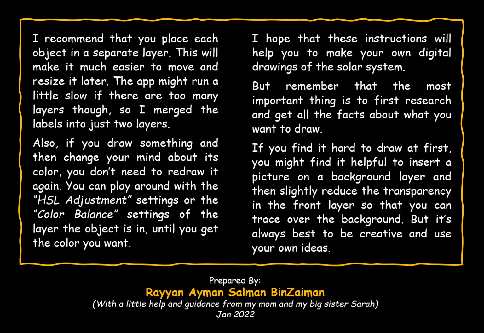Also, if you draw something and then change your mind about its color, you don't need to redraw it again. You can play around with the HSL adjustment settings or the color balance settings of the layer the object is in until you get the color you want.